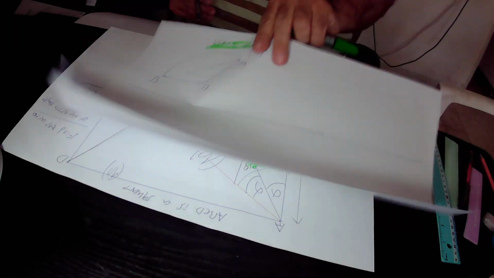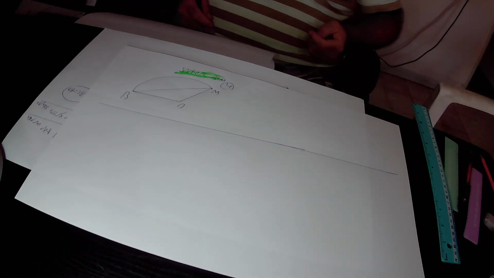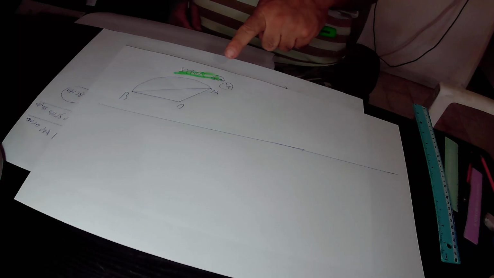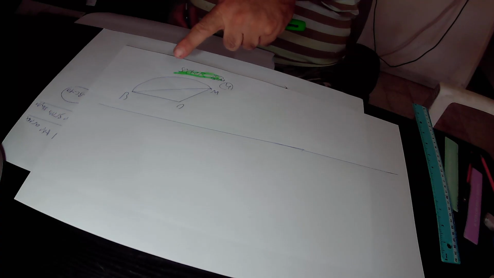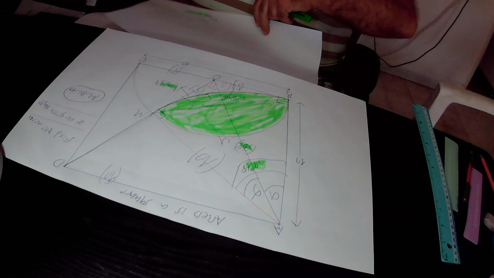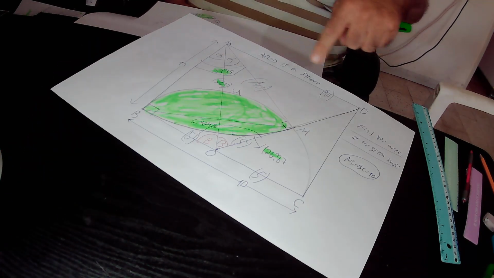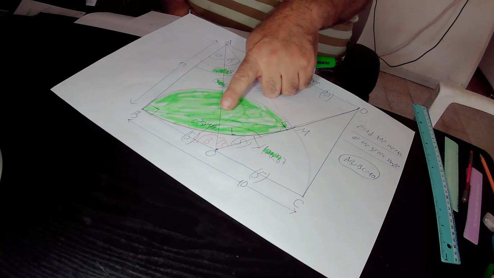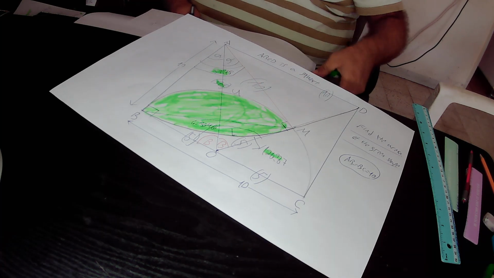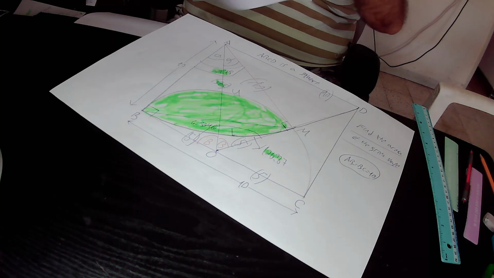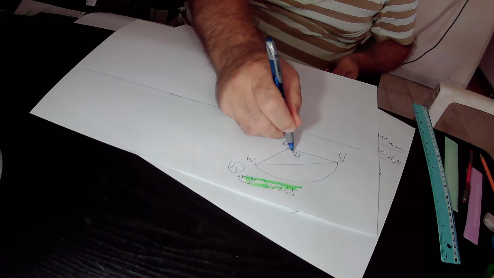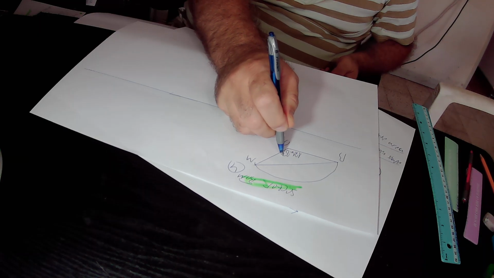So actually, this is sector BOM, the one currently under drawing. The angle between the legs of this sector is angle BOM. Remember that angle BOM is equal to 2 beta, and 2 beta equals 126.87 degrees in size.